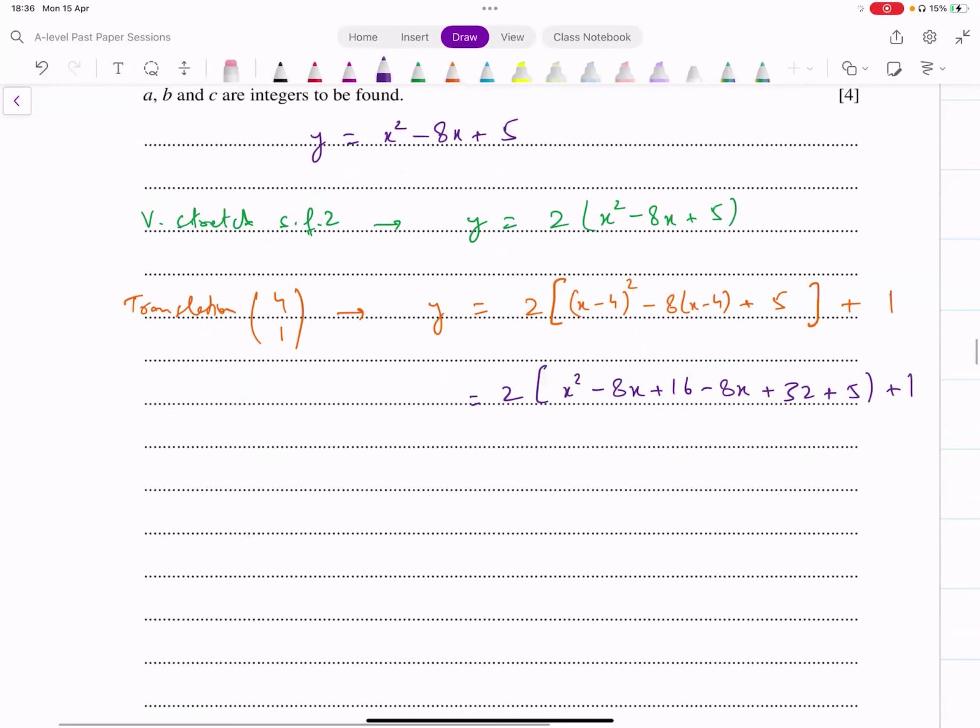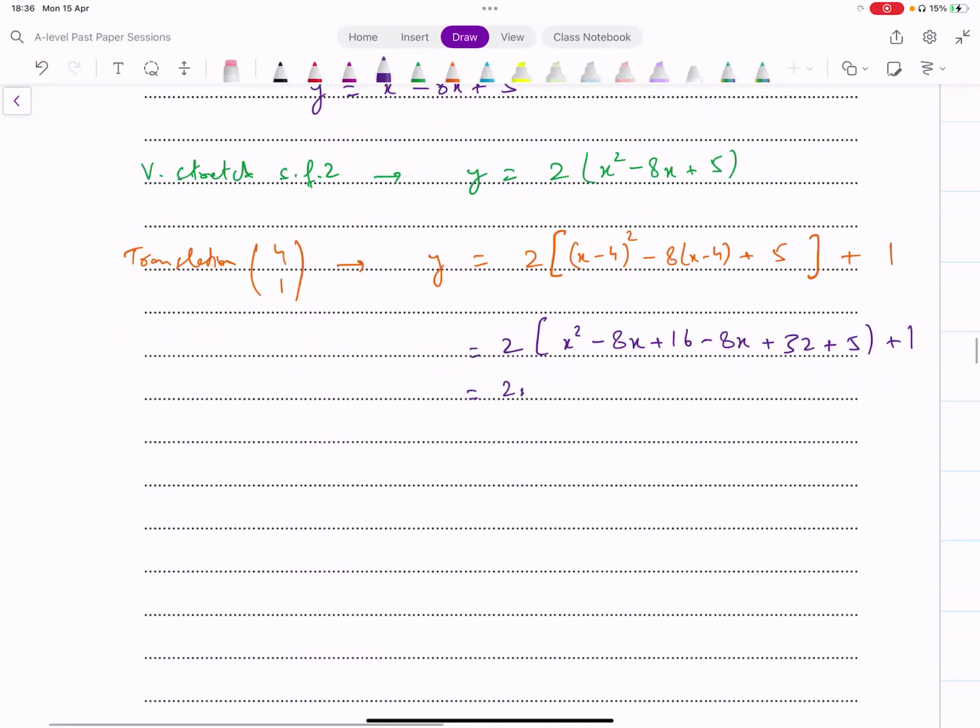Multiply 2 with this whole thing, and that's going to give you 2x squared minus 16x plus 32 minus 16x plus 64 plus 10 plus 1. Or you could simplify the part inside the bracket first before multiplying by 2. Any way you prefer.